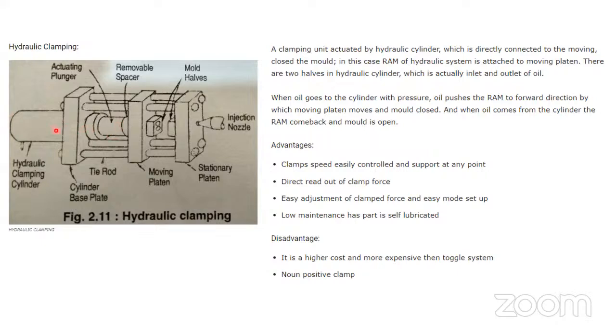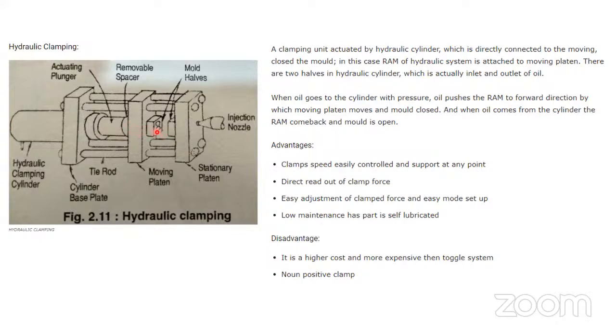When oil goes to the cylinder with pressure, it pushes the ram. This is the ram actually. Plunger, ram, piston, they are all the same. It pushes the ram in the forward direction. Therefore, the moving platen moves and the mold closes here.